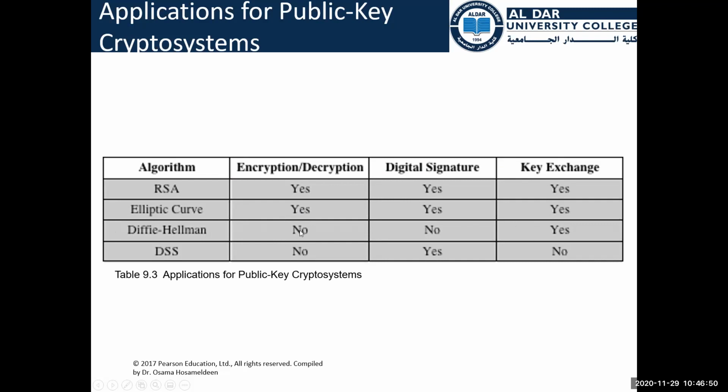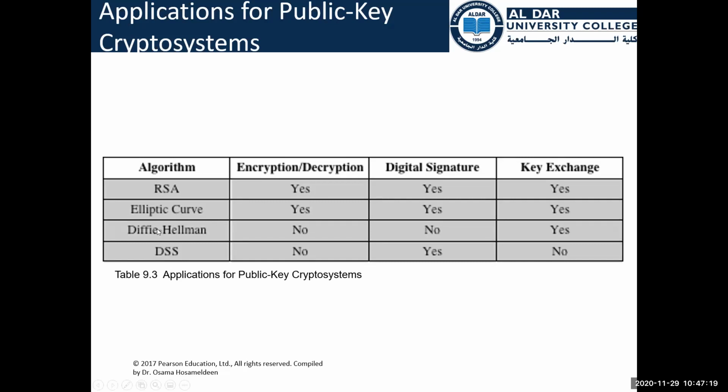For example, these are common problems that happen in the examinations or tests. The students think that RSA, elliptic curve, Diffie-Hellman, all of them are used in encryption and decryption. No, except Diffie-Hellman. Diffie-Hellman is only proposed for key exchange, exchanging the key between the sender and the receiver.